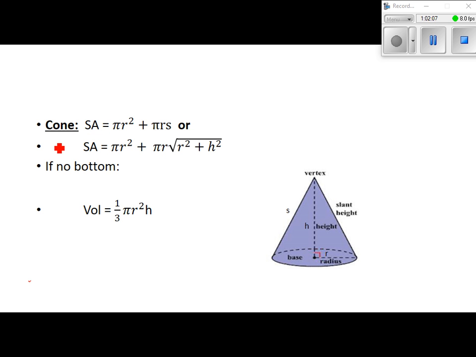Cone. Cones and pyramids are a little harder.